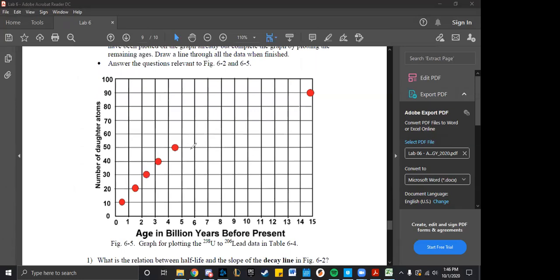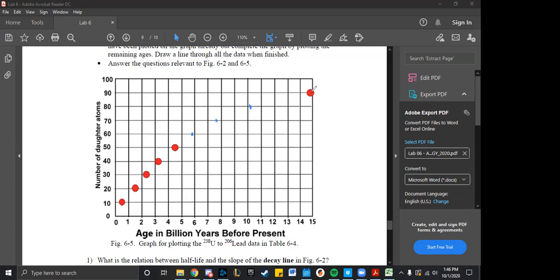So for 60, you'll have 3 different dots here.